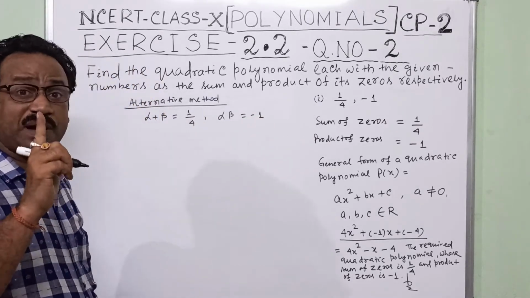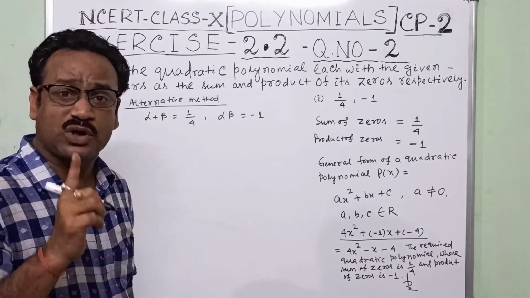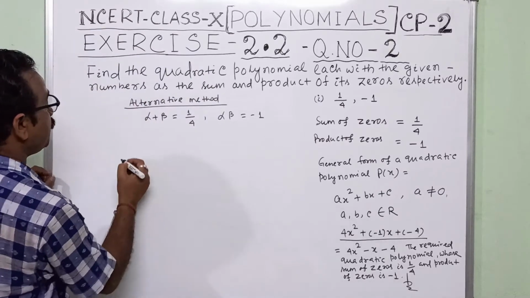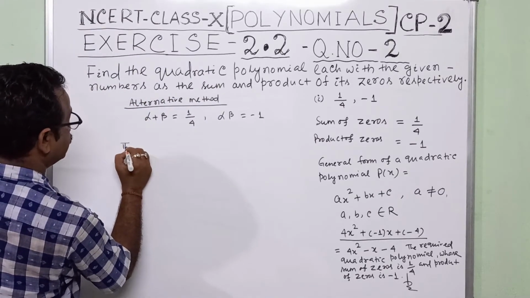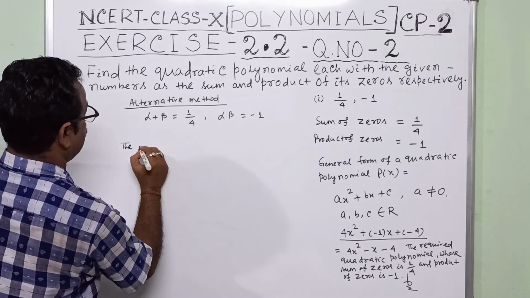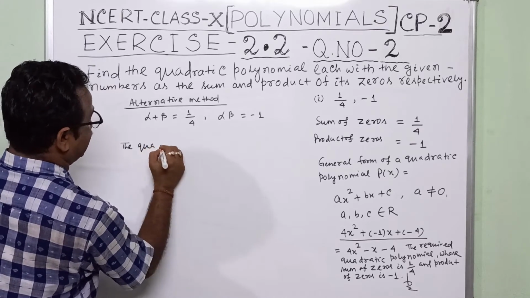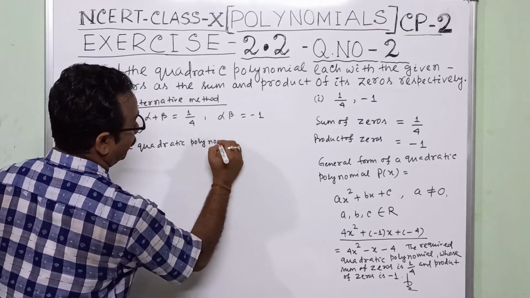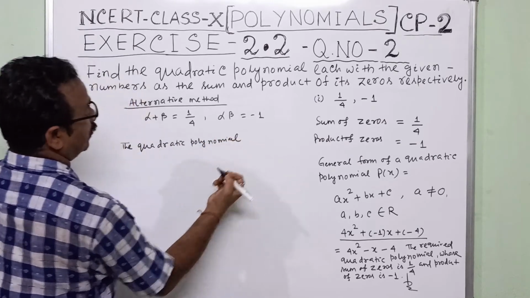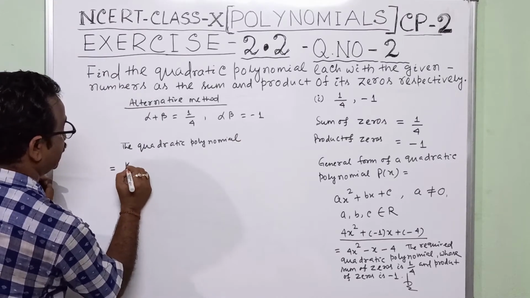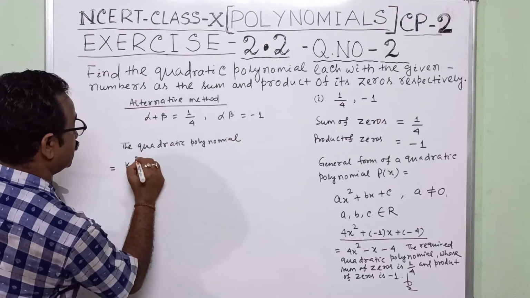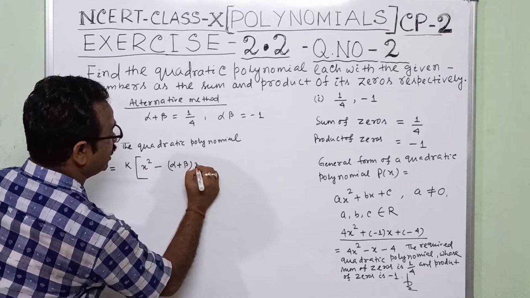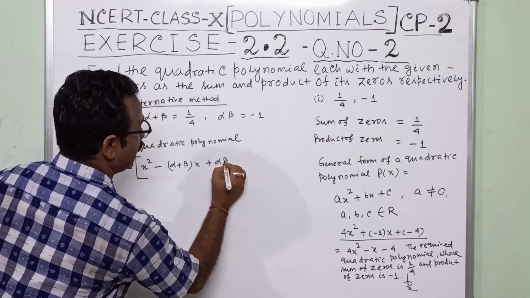Already I have told you alpha and beta are two zeros of the given quadratic polynomial. We have assumed it. So now the quadratic polynomial is equal to k into x square minus alpha plus beta into x plus alpha beta.